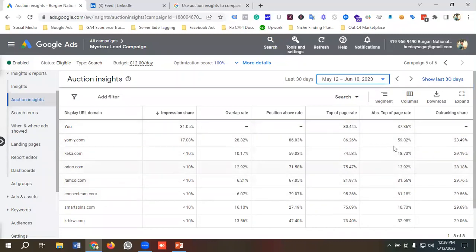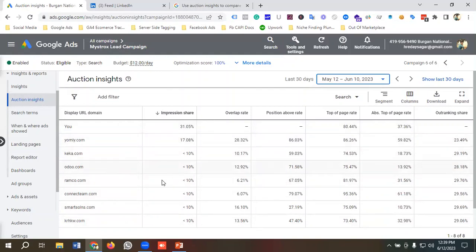And you can see the other advertisers' position above rate, and you can see outranking share. So I have beaten my competitors that many number of times. So you can get a holistic idea of auction insights reports from this section.